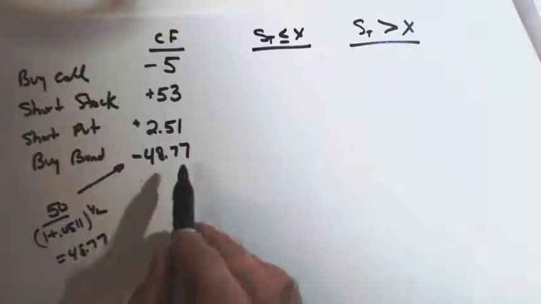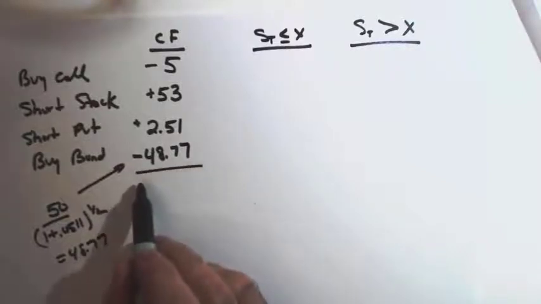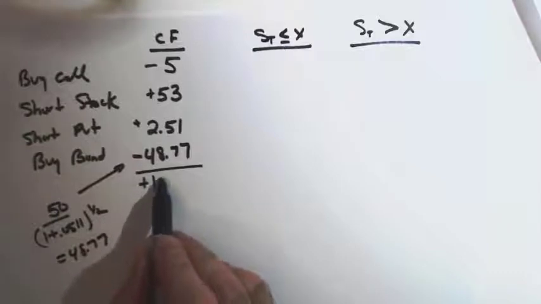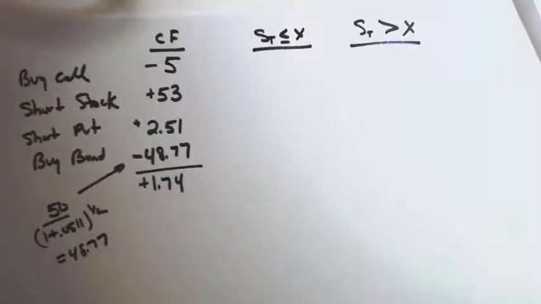Okay? That boils down to I just collected $1.74. Based on that, this portfolio, buying the call, shorting the stock, shorting the put, buying a bond with a payoff of 50, it's worth 48 today. I'm going to collect $1.74.